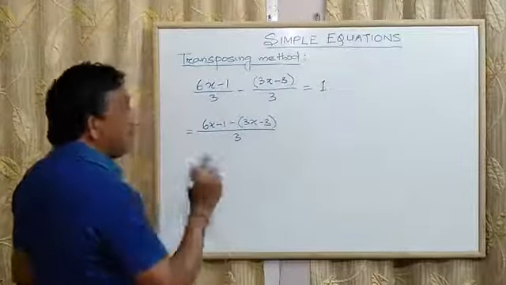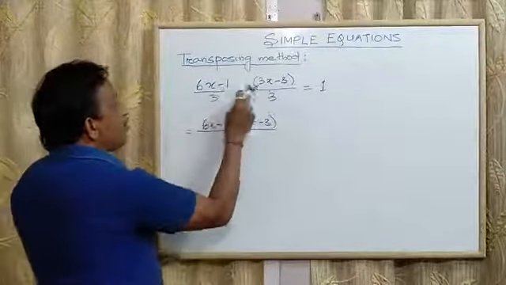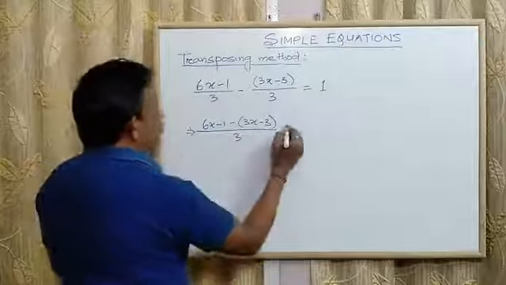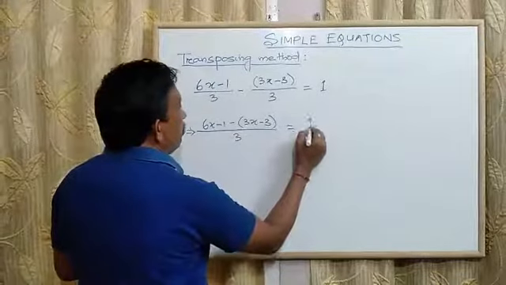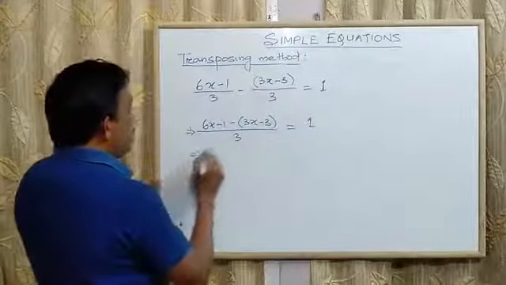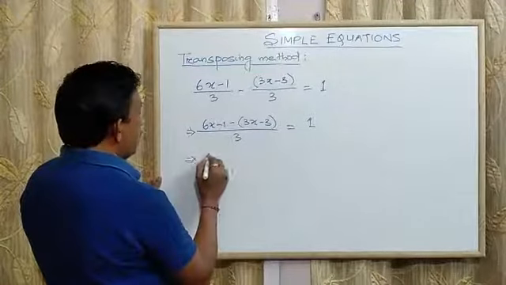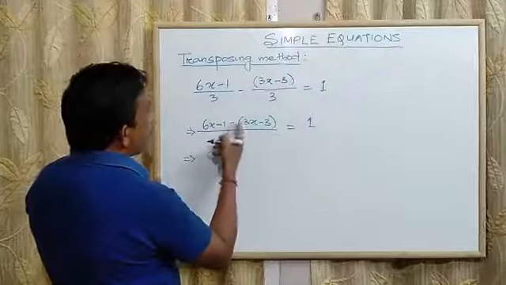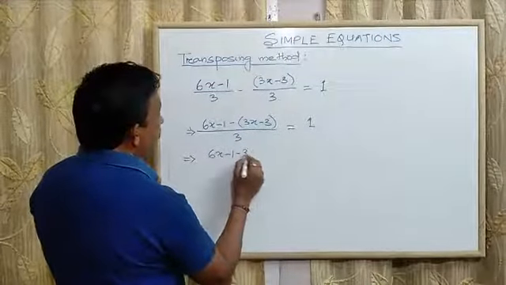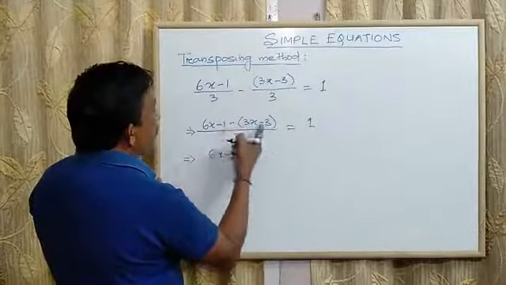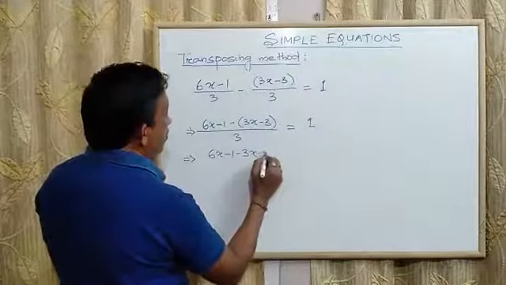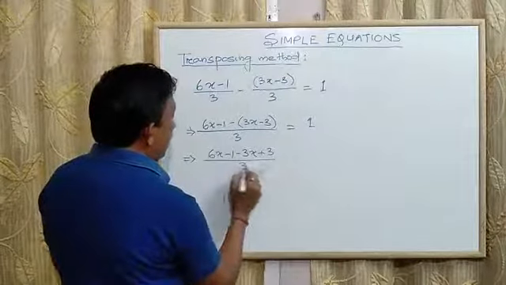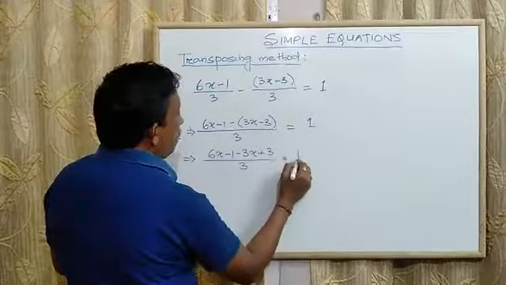Now there is a reason. Here the bracket is not given, but here the bracket is given. Now see, it makes a lot of difference. So it is equal to 1. So now when I remove the bracket, what happens here? See, 6x minus 1, minus plus becomes minus 3x, and minus minus becomes plus 3, by 3 equals 1.